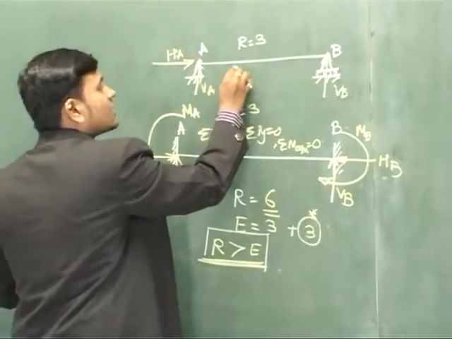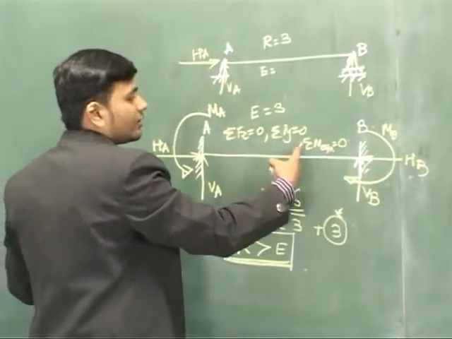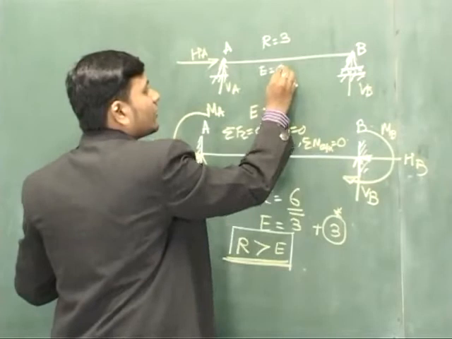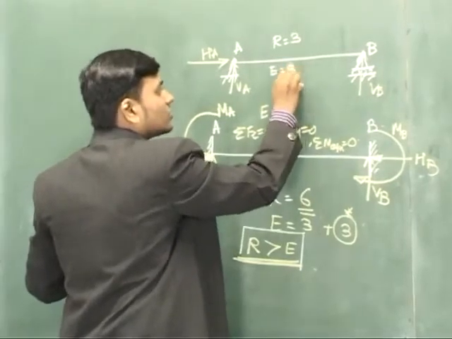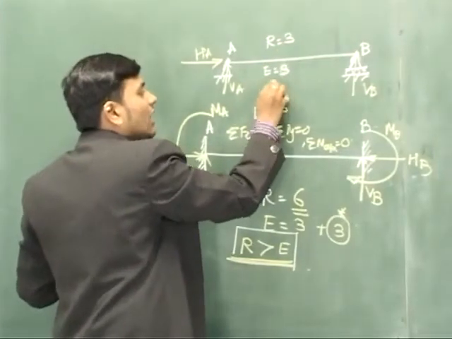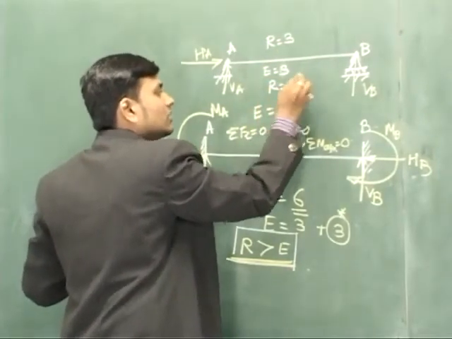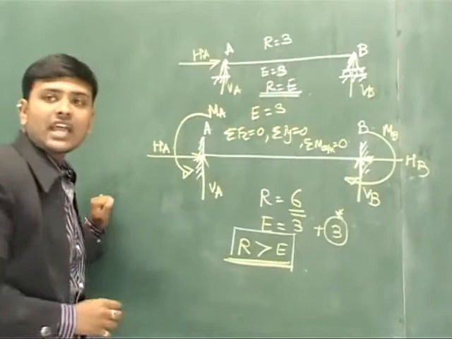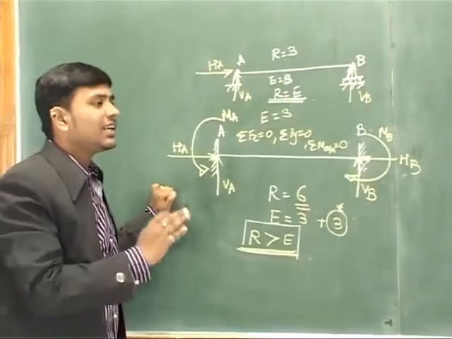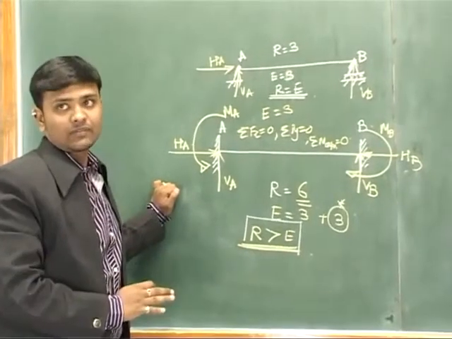And the number of equations is again the same: summation Fx equals 0, summation Fy equals 0, and summation of moments at a fixed point equals 0. Therefore, the number of equations is 3 and the number of reactions is 3. Therefore, R is equal to E, that is, the number of reactions is equal to the number of equations. So it is a statically determinate structure.